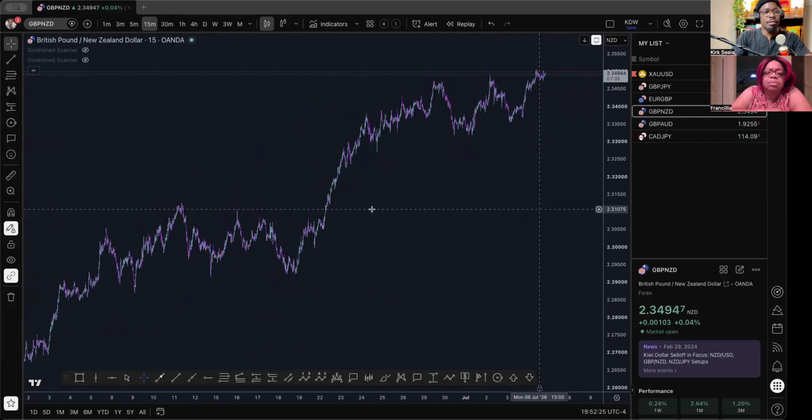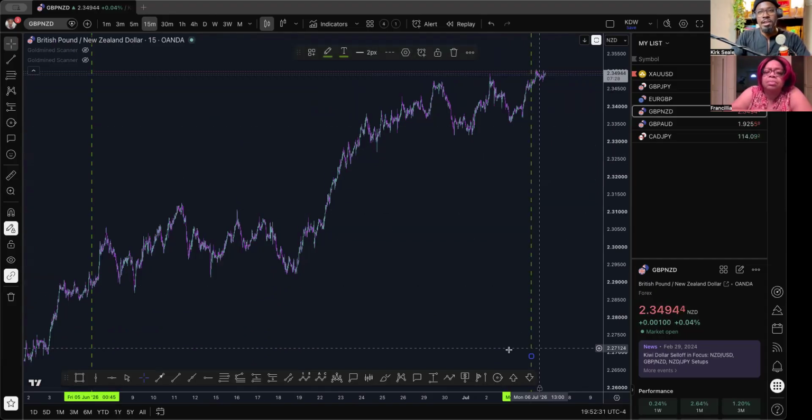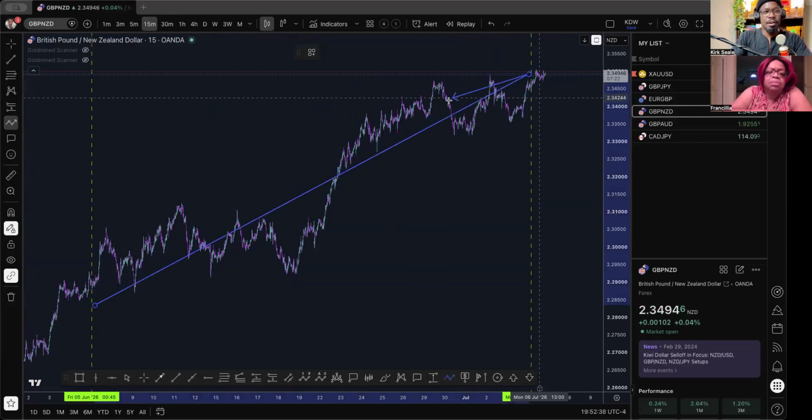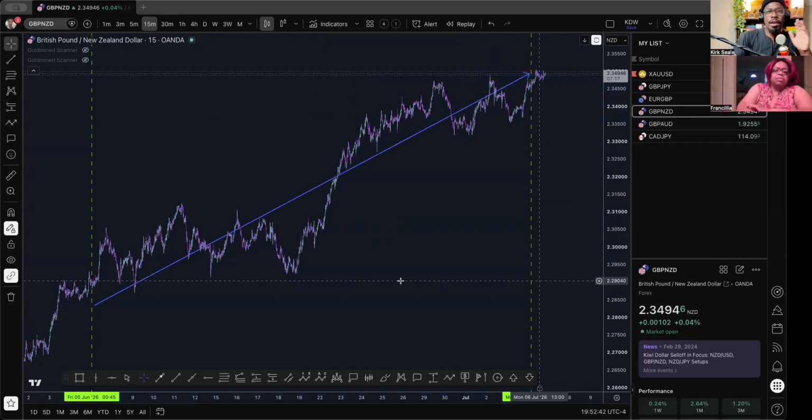So now, for all the marks in the class, just by looking at what we have here, price was down here, and it ended up here. Based on what I just told you, what kind of trend do you think we're in? Is price going up or is price going down?